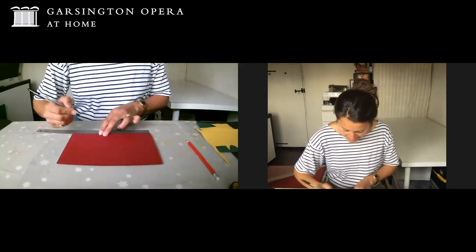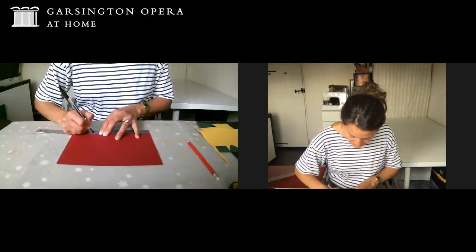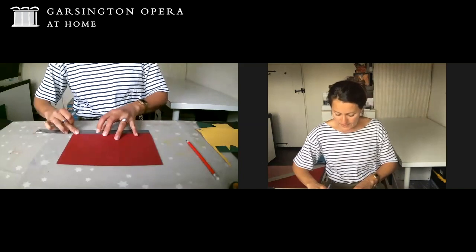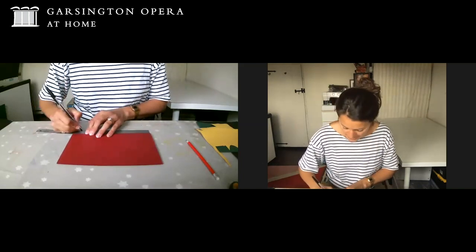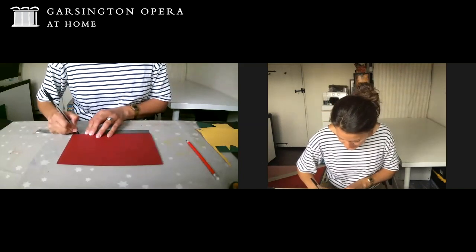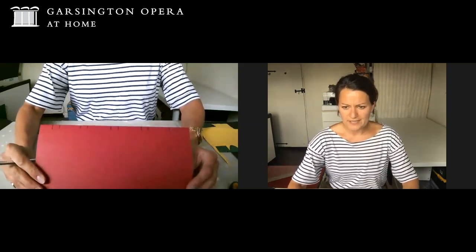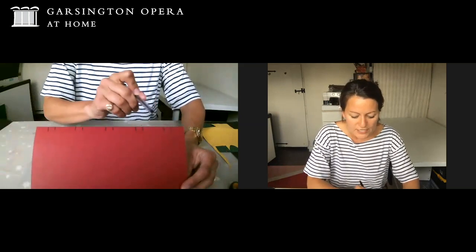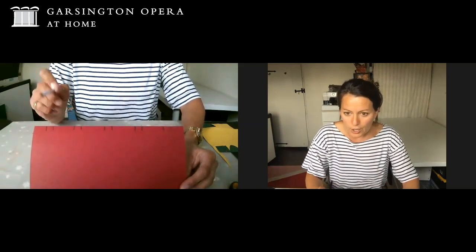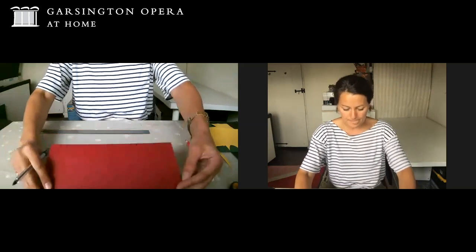And then at 14 centimetres and 15 centimetres. And then finally at 18 centimetres and 19 centimetres. If I just hold that up to this camera, you can see you've got these marked out now along your card.